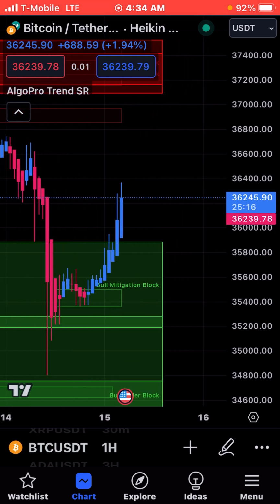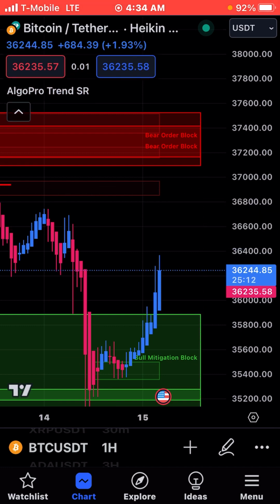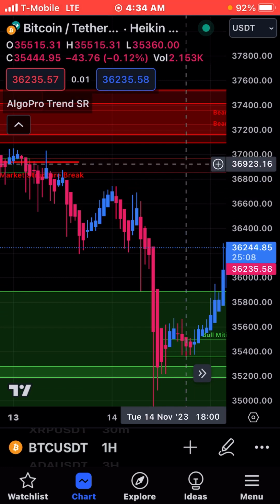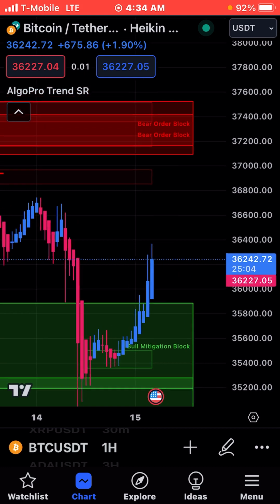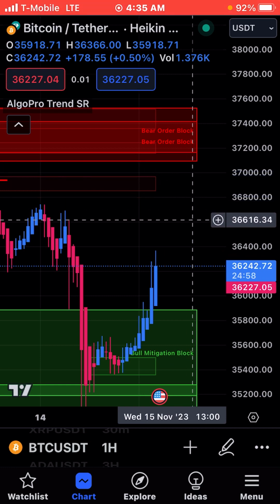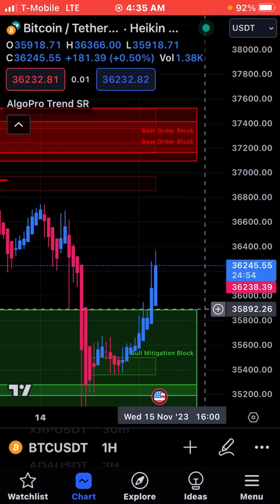So what it's saying right here is there's an order block up here with Bitcoin, and it could retrace and come back down right about up here, about 36. So it looks like Bitcoin could retrace back down around 37,000, and it could bounce from 35,000.